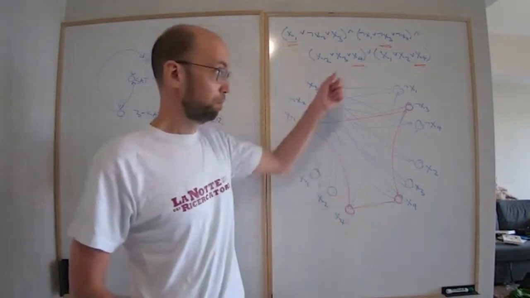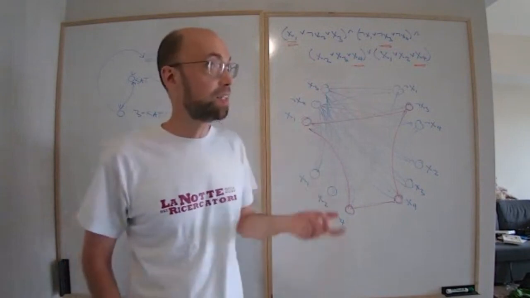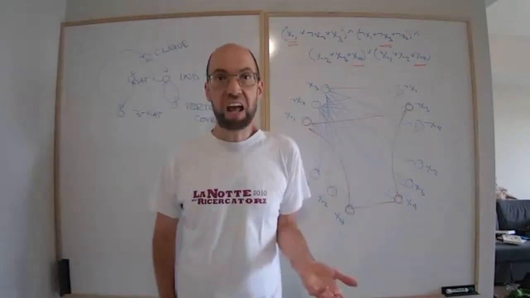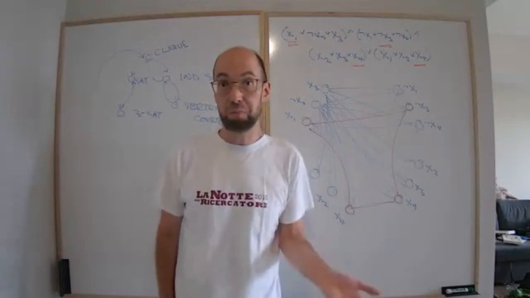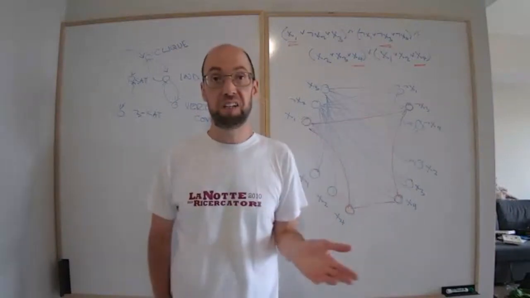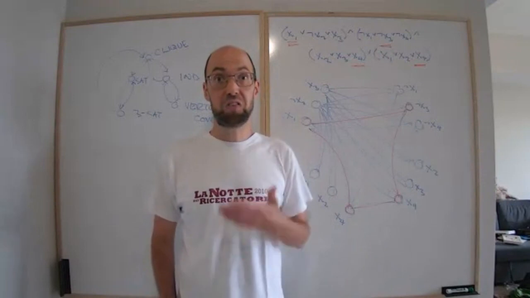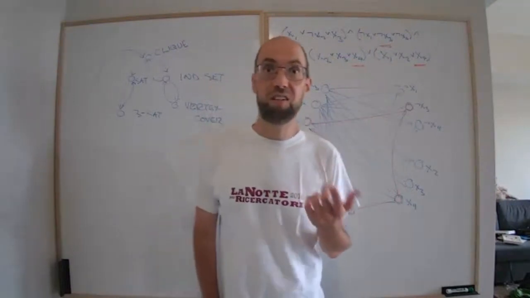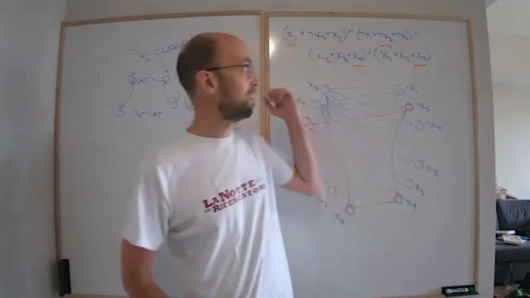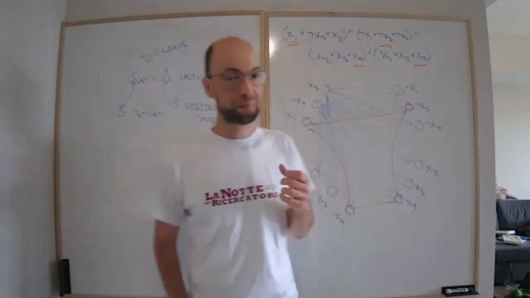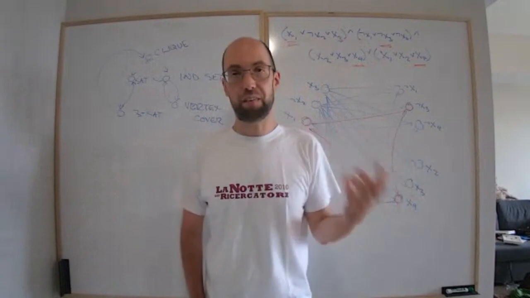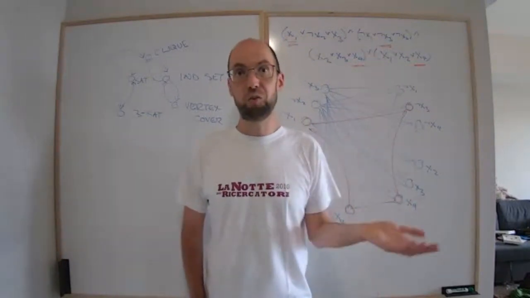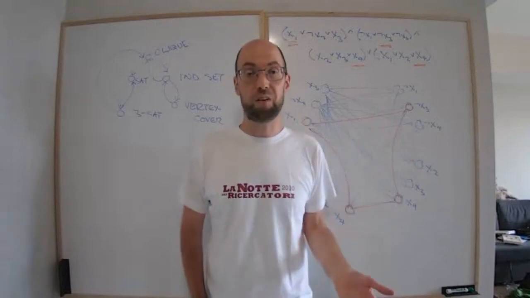For example, clique you can do in time n to the k. K is bounded by n, so it's bounded by at most something like n to the n. SAT, you can just try every possible truth assignment. So it's exponential. If you have n variables, there are 2 to the n truth assignments, you can just check them all.